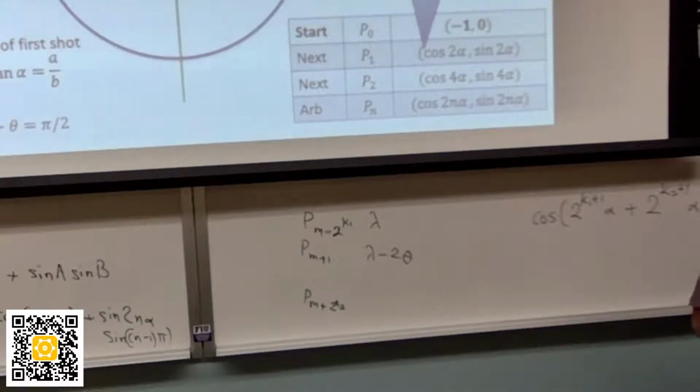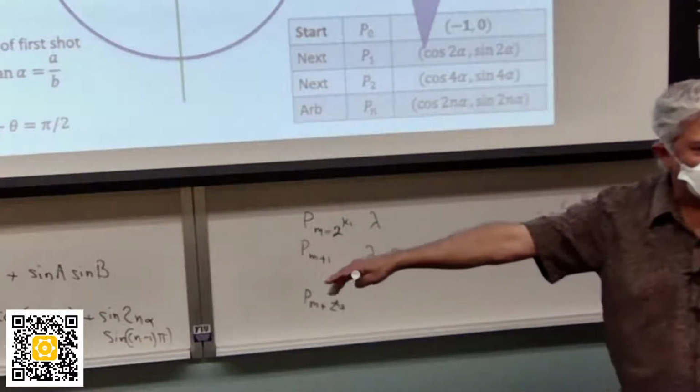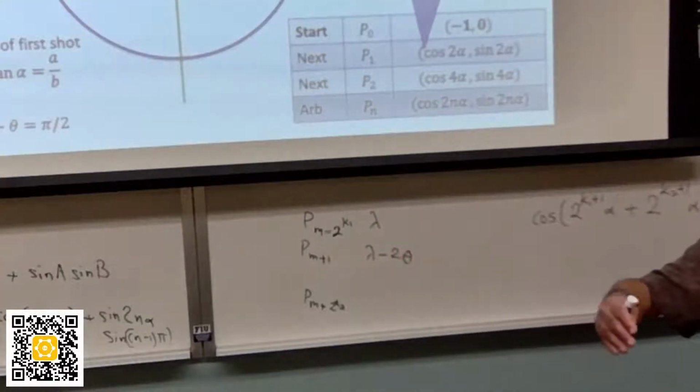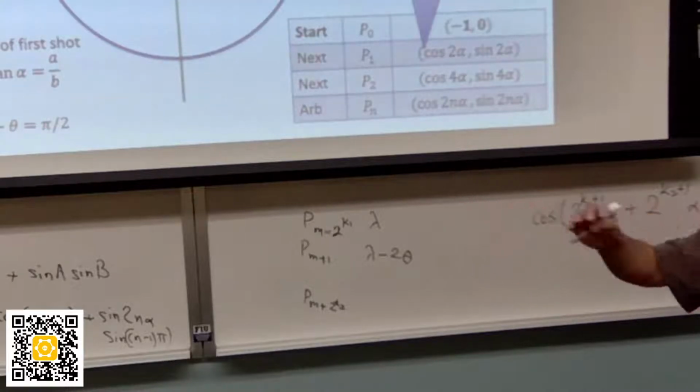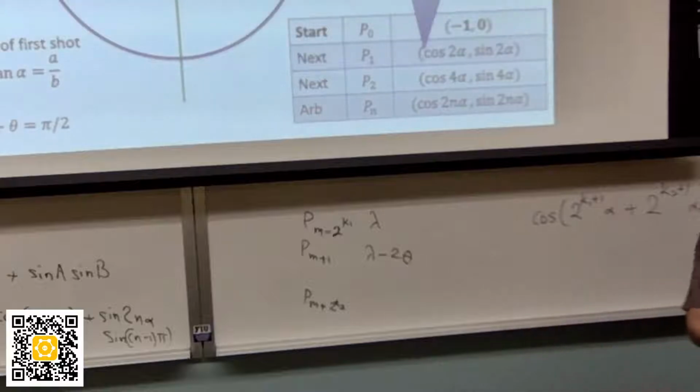This will be one of the coordinates. And this I can write using my cosine formula as cosine A times cosine B minus or plus sine A times sine B. And each of those has been figured out in a similar fashion. So all I have to do is plug in those values.